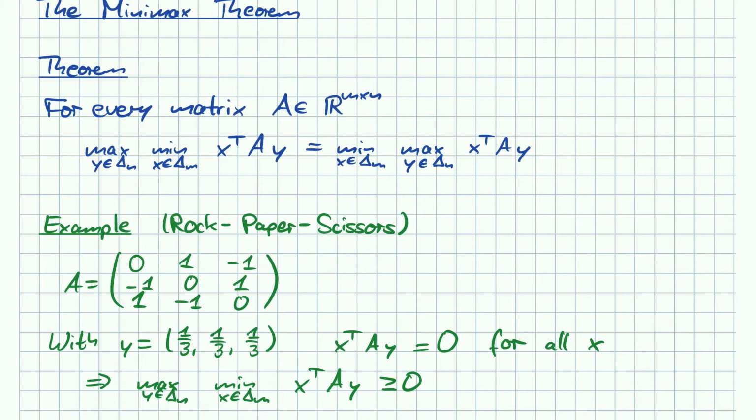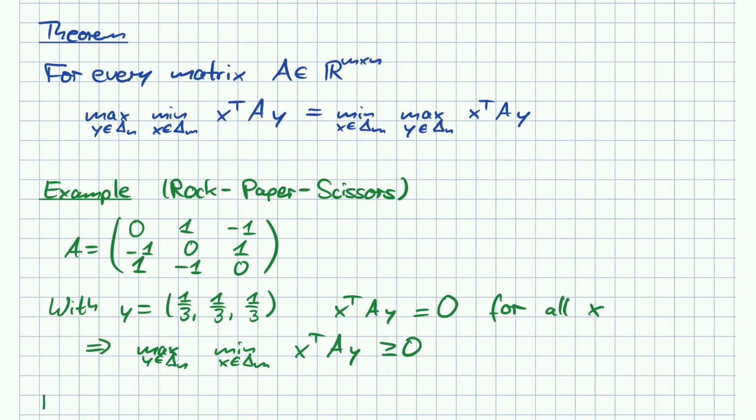Now, what about the row player? Well, the row player could do the same thing. The row player could also ensure that the column player isn't getting anything. So if the row player chooses to split these probabilities accordingly, then for all Y we would have that this X transpose times A times Y would be 0.